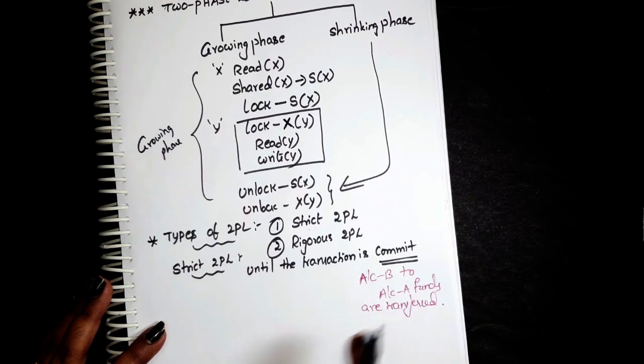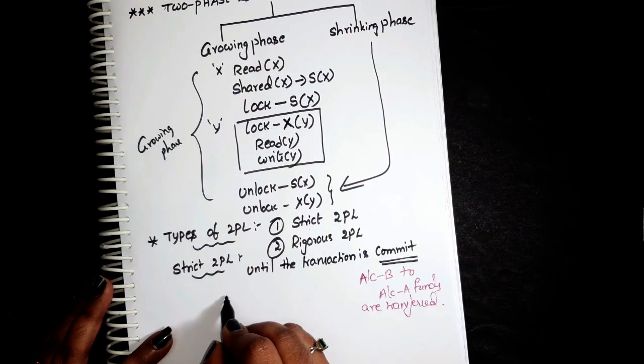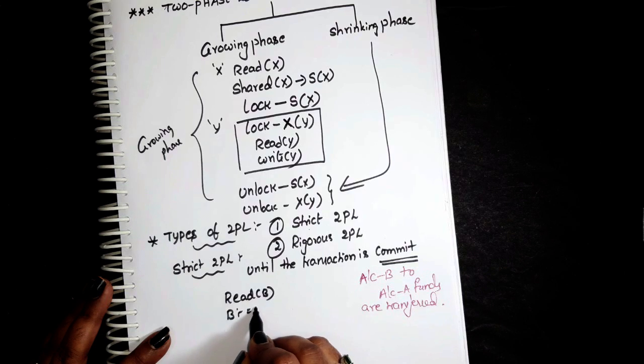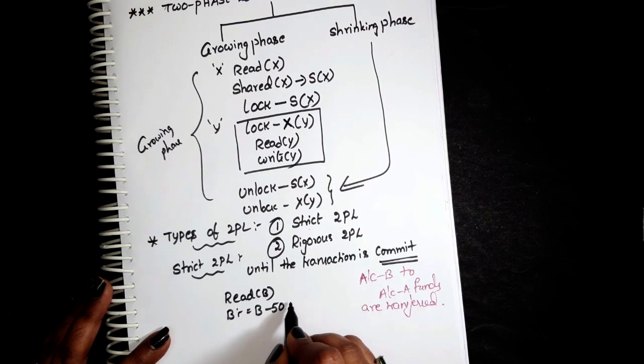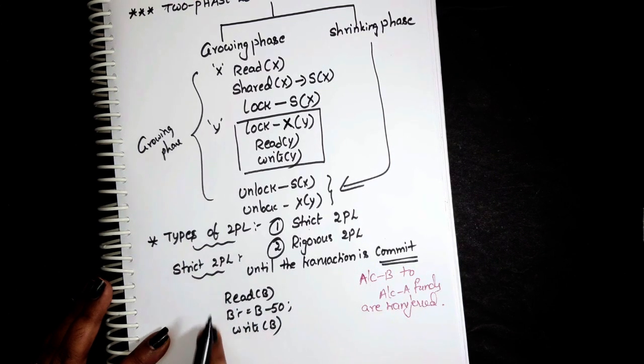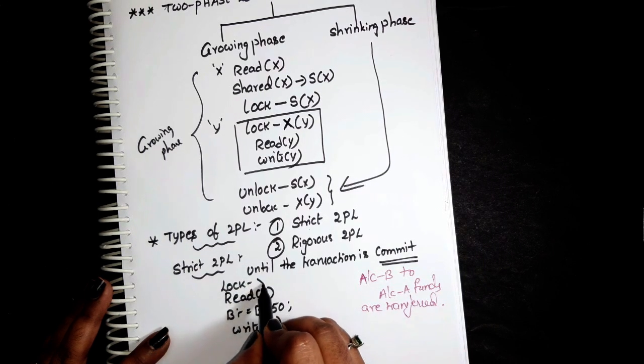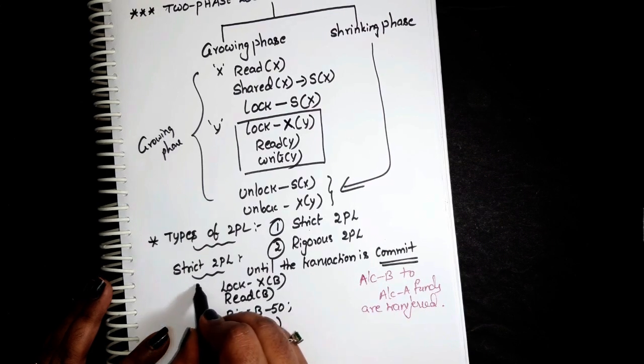You read B, and 50 rupees is transferred from account B to account A, and finally you write B. Since you are performing read and write operations, which lock do you place? An exclusive lock on the data item B.